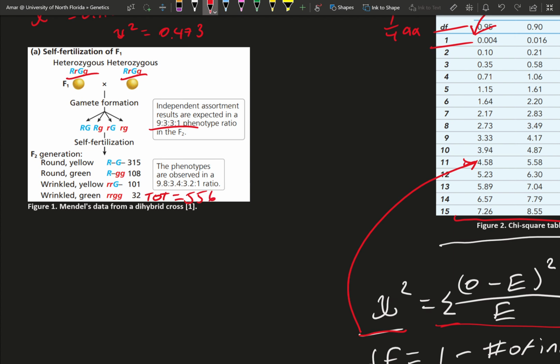So 556, we're going to multiply this by 9/16. This is expected to be 312.75.